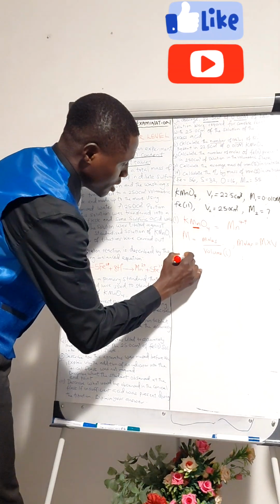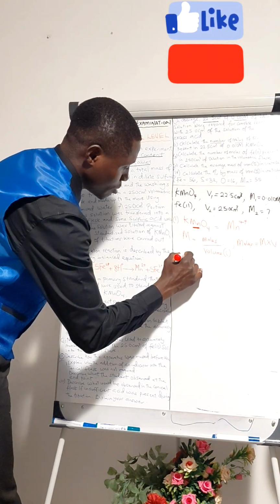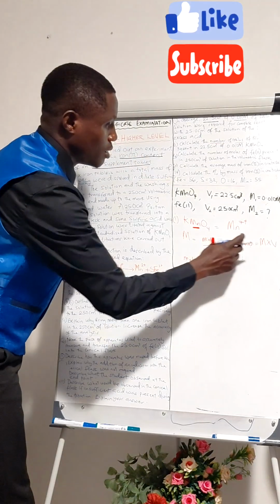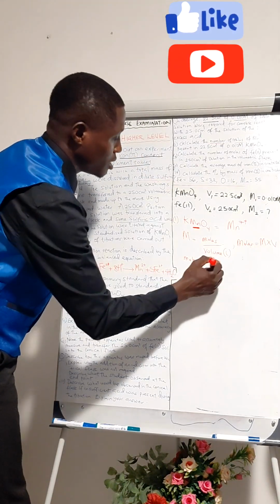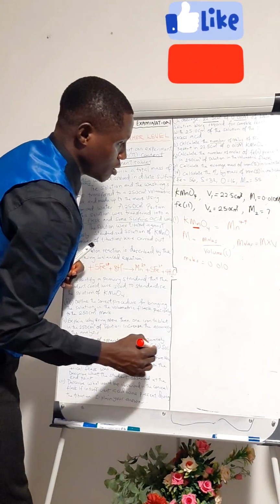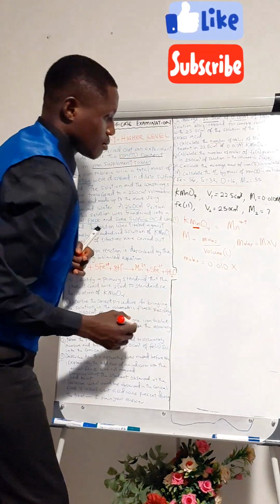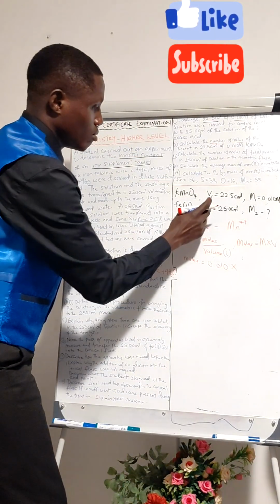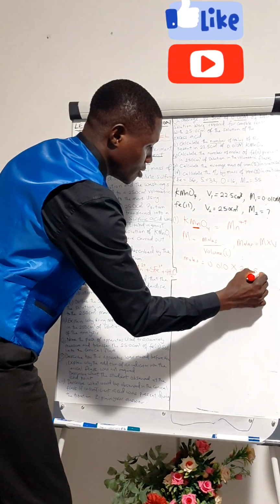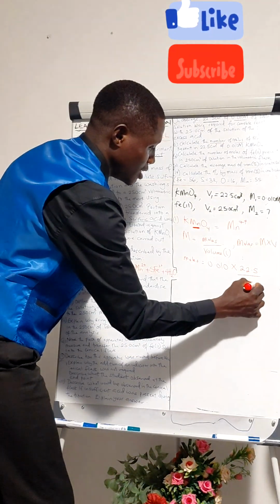So my number of moles is going to be what? My molarity is 0.010 times my volume, which is 22.5 divided by 1000 in liters.